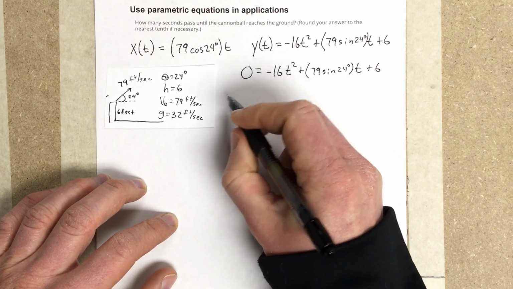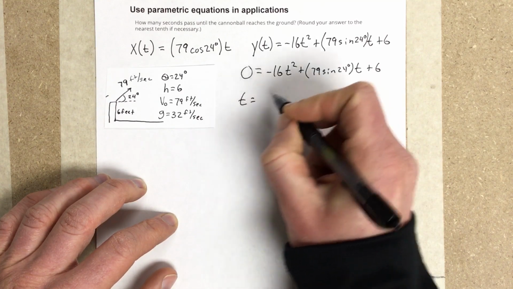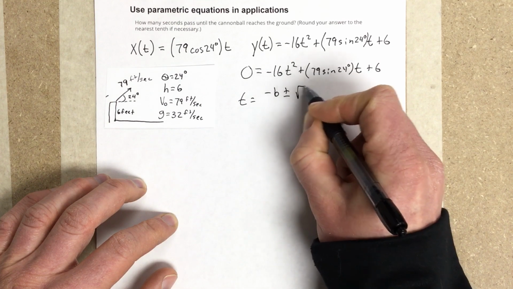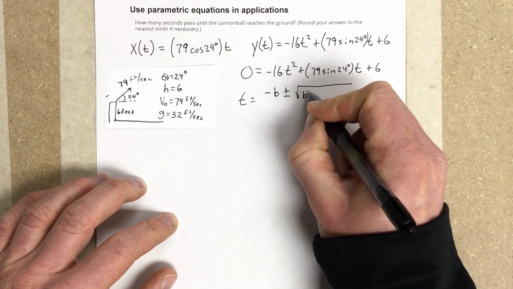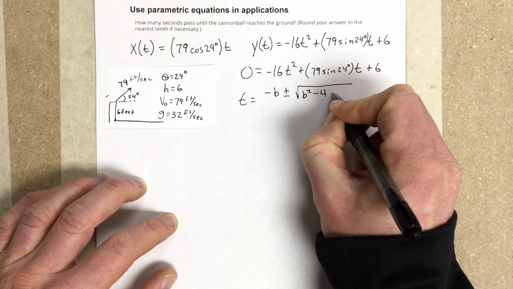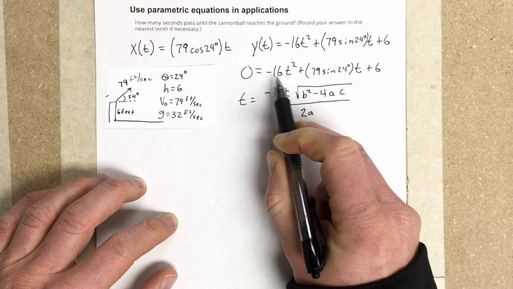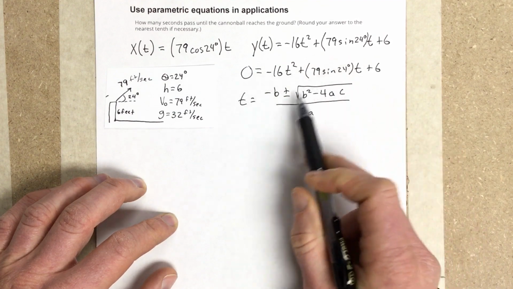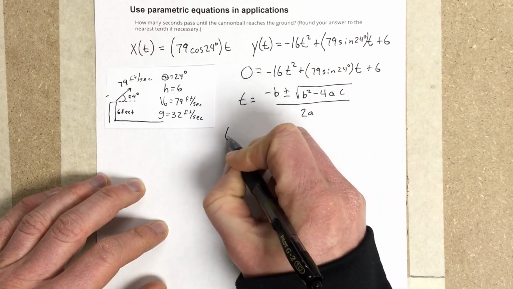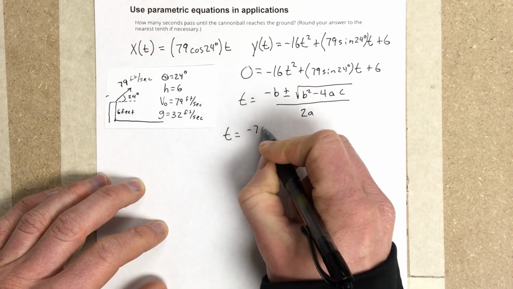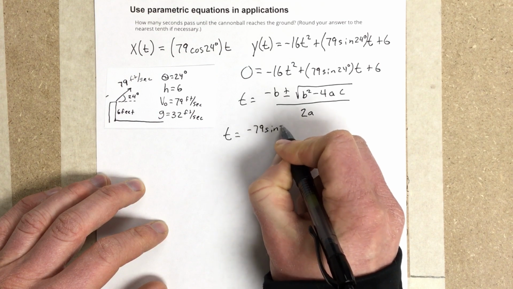So we're going to say that our time is going to equal negative b plus and minus root b squared minus 4 times a times c all over 2a. So we have this quadratic. We're going to use a quadratic formula. We're going to plug in b, which is negative 79 sine 24 degrees.